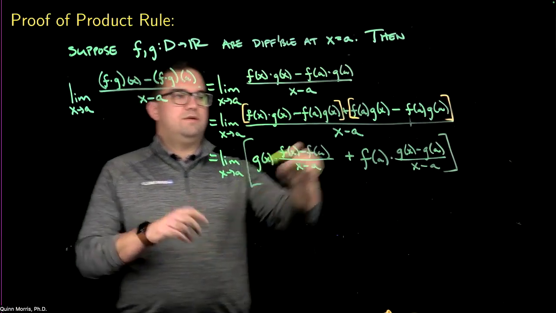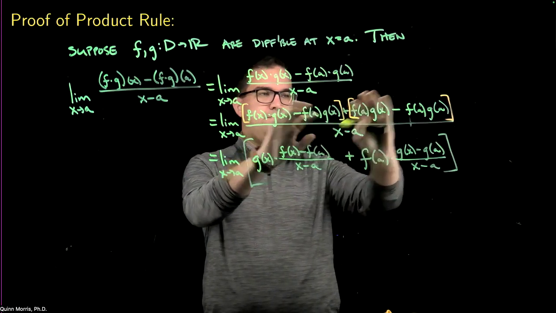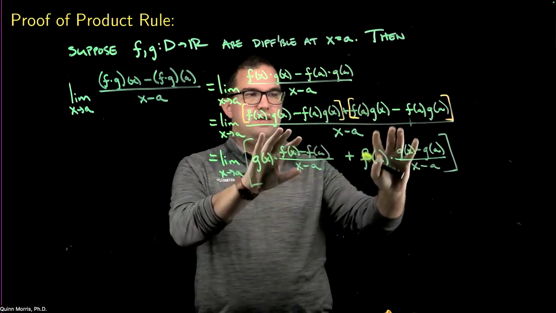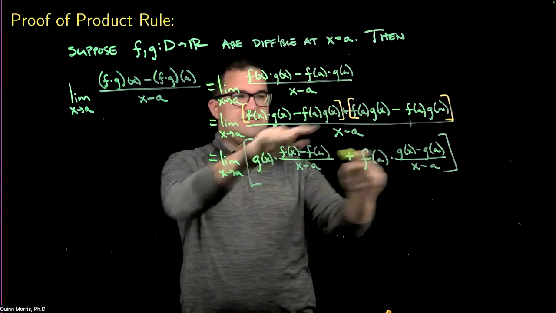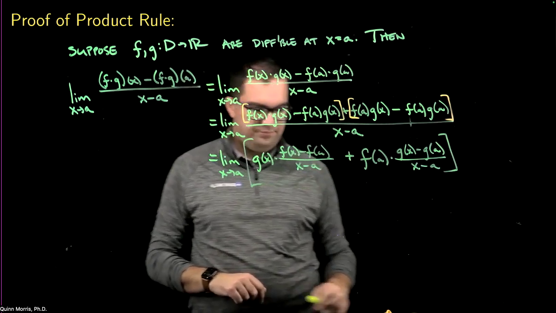Okay. So essentially, I've got a sum here. I'm going to break it up into this piece over the denominator plus this piece over the denominator. And then I'm going to factor out a g of x here and factor out an f of a here. Okay, that's how I end up there.